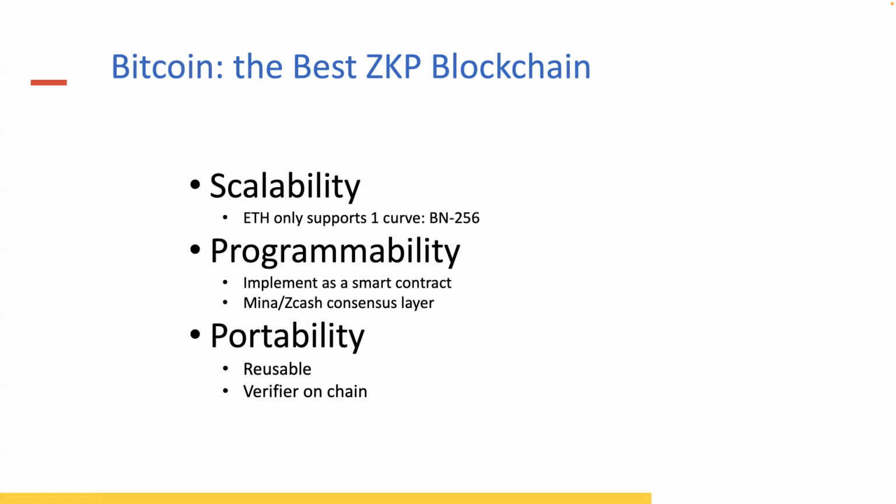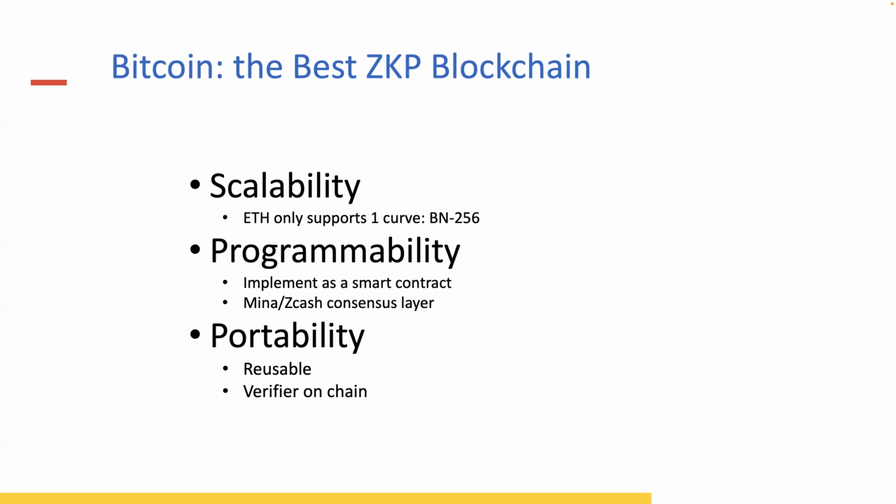But here's the trick, right? Because other ones are not scalable, it's going to be very expensive. For example, if you verify this factorization of a big number, it may cost you like $10 on Ethereum or other blockchains, versus if you do it on Bitcoin, and we have optimized it to a little bit over 1 megabyte, so it's about 1 cent.